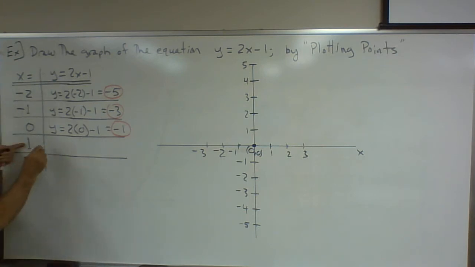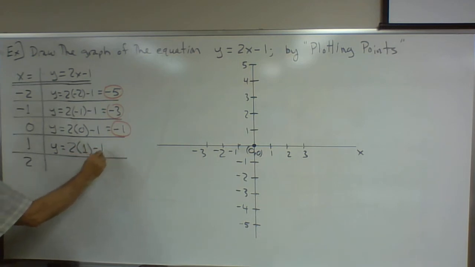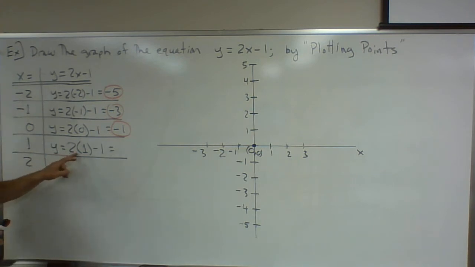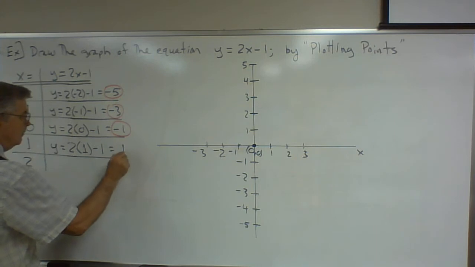When x equals 1, we take x equal 1 and put it in for x in the equation y equals 2x minus 1. So y is equal to 2 minus 1, that's positive 1.